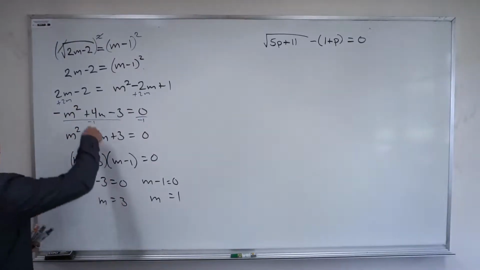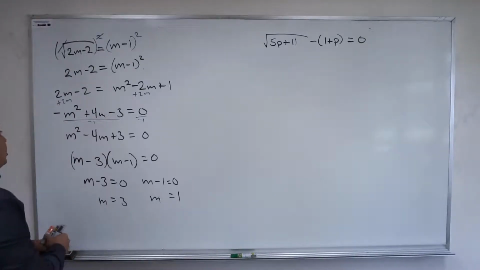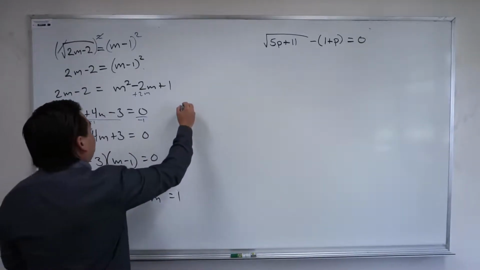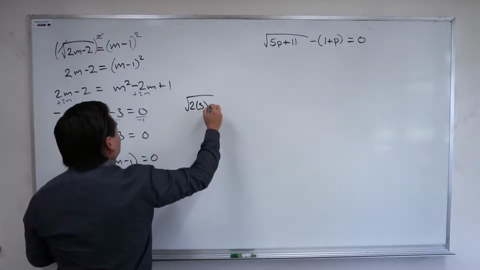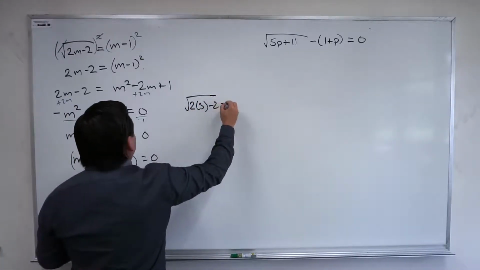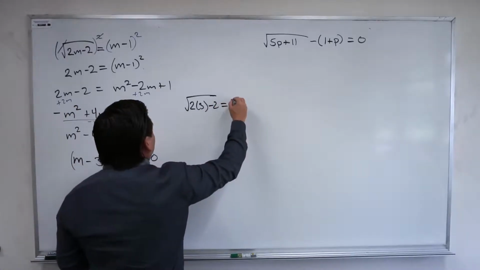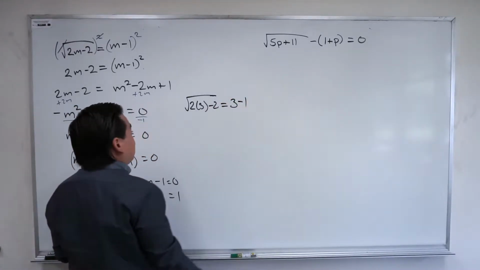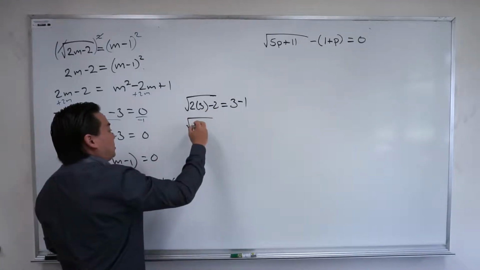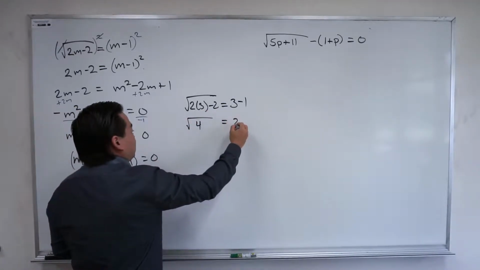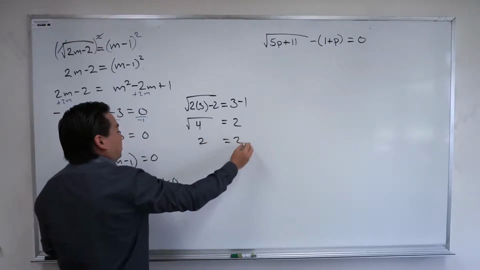So if I plug the 3 into this equation, you get the square root of 2 times 3 minus 2 is equal to 3 minus 1. So this is square root of 6 minus 2, which is 4, is equal to 2, and square root of 4 is 2.